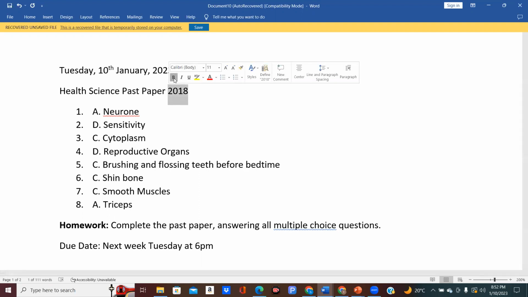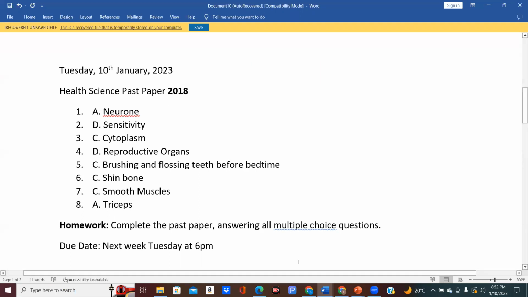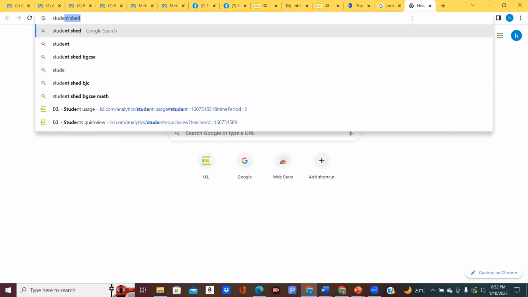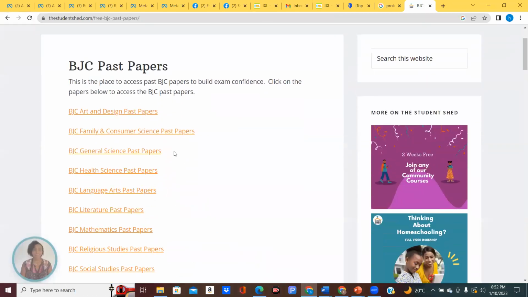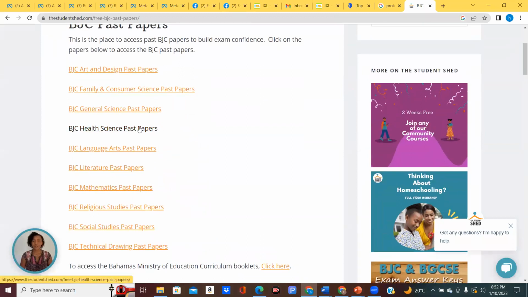In order to find it, you have to go on student shared. So just type in student shared. And you go to BGCSE past papers. And you go to health science past papers.